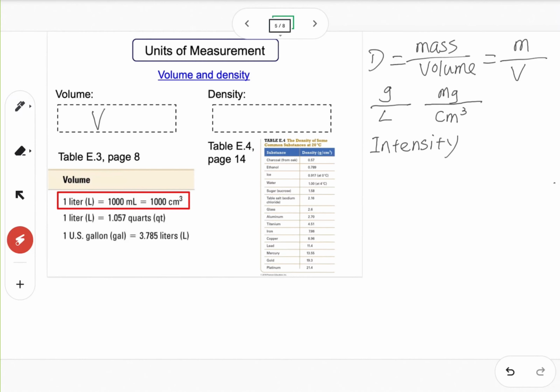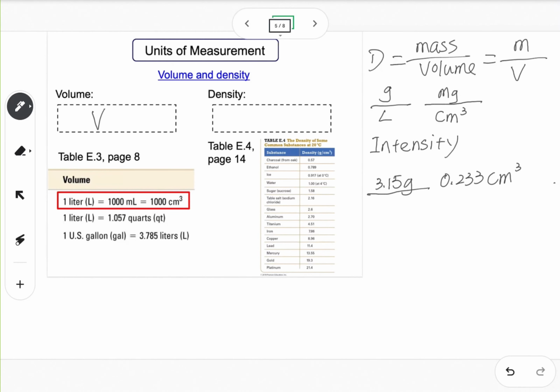Now, this table shows us the density of some common substances. Like gold here, it's very heavy, as you notice. The density is 19.3. A quick example about how we calculate the density. A platinum ring has a mass of 3.15 gram, and the volume of this platinum ring is 0.233 cubic centimeter.